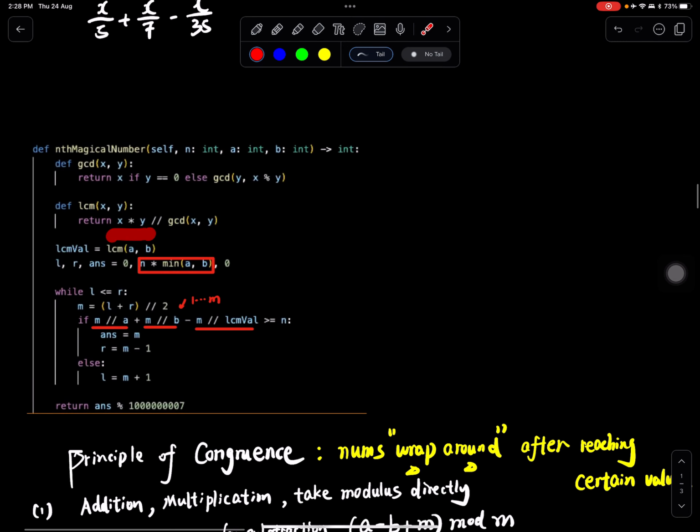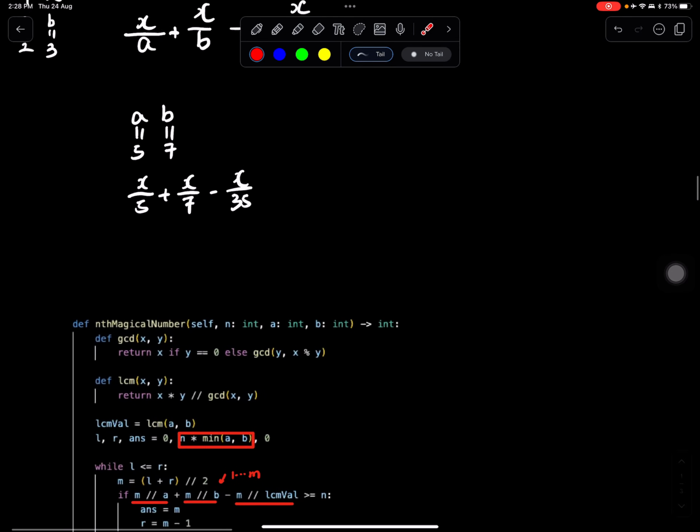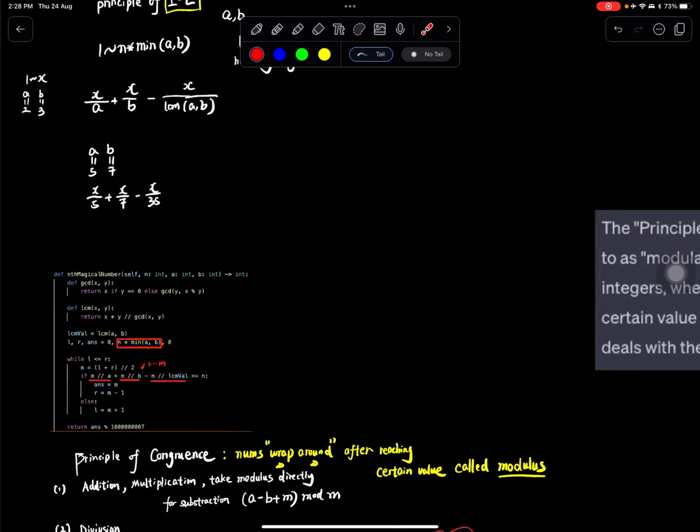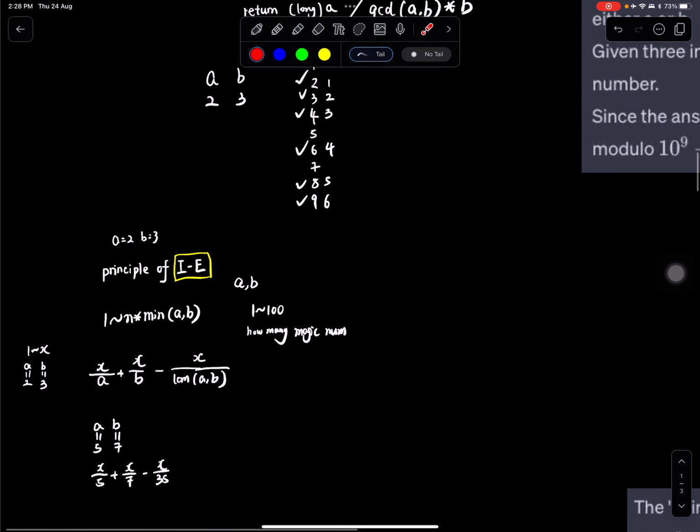And then we use binary search. L equals 0, R equals N multiplied by the minimum of A and B, because this is the range we define. The answer, the N-th magical number, will be within this range.